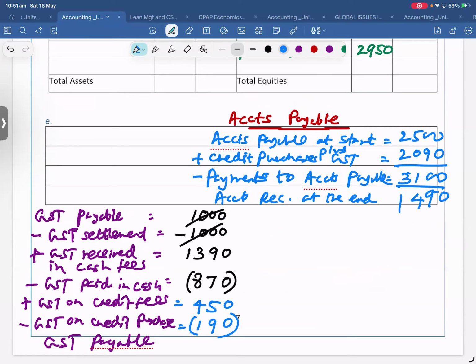Then when you simplify all of them, we will technically get the GST at the end. So I'll calculate it. 200, 330, 780 GST payable. Yeah, 780.